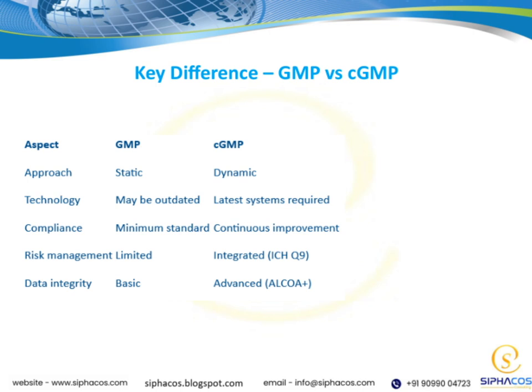So, while GMP provides the foundation for quality manufacturing, cGMP highlights the importance of staying current with practices to ensure ongoing safety and efficacy. This distinction is vital because it underscores that compliance isn't a one-time effort, but a continuous commitment to excellence, which ties back to our overall theme of maintaining high standards in manufacturing.